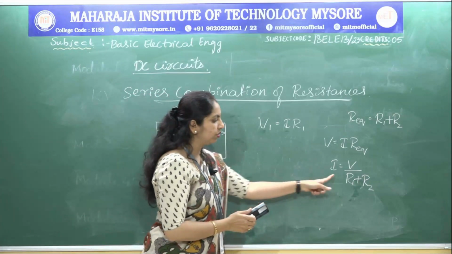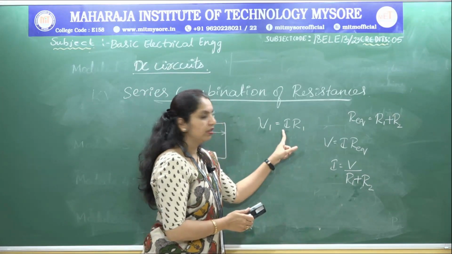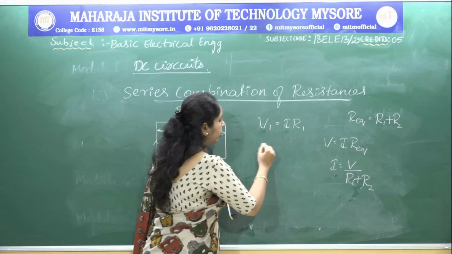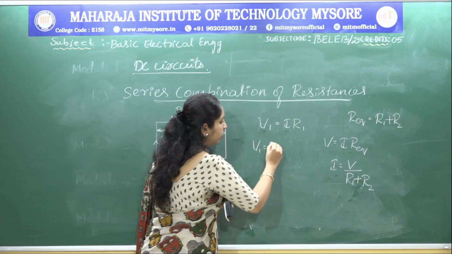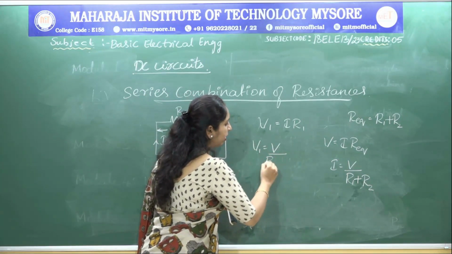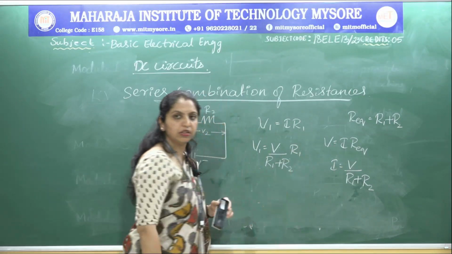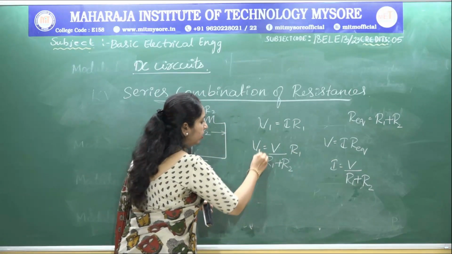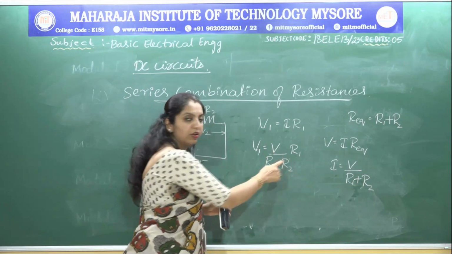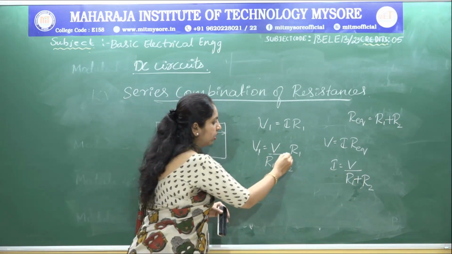Now substitute this I equation in the equation for V1. So you get V1 is equal to V divided by R1 plus R2, into R1. So finally V1 is equal to V into R1 divided by R1 plus R2.